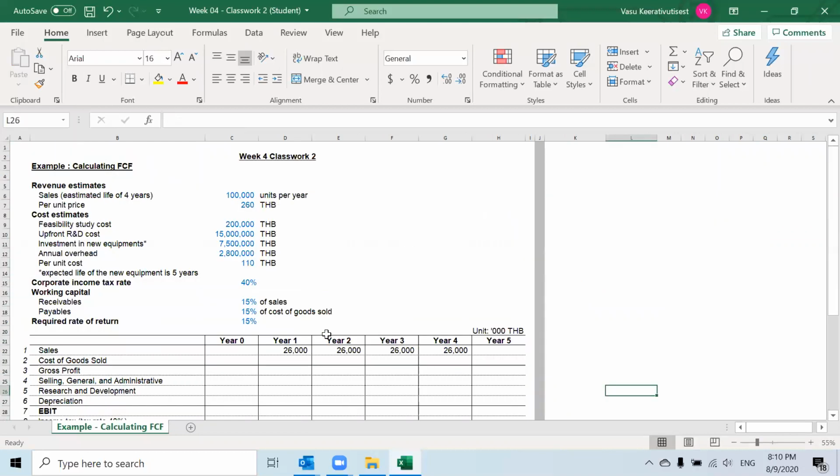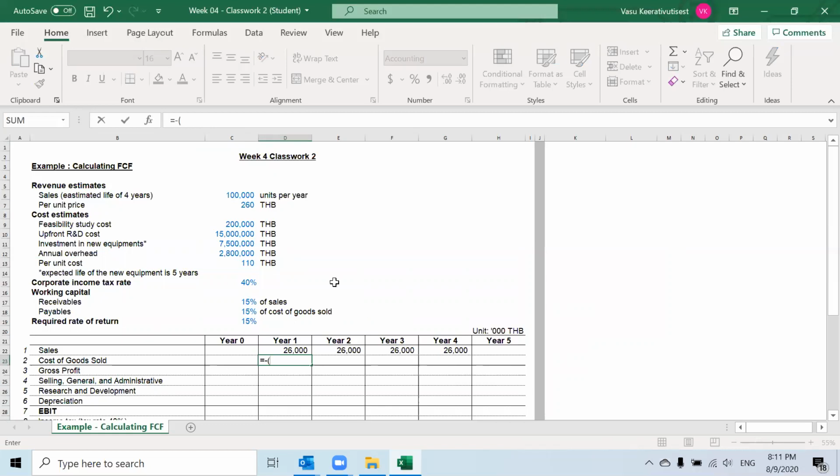Right now we have completed the sales already. Then we should think about the cost. If you have a look here, per unit cost is 110. So right now we should calculate the cost of goods sold.